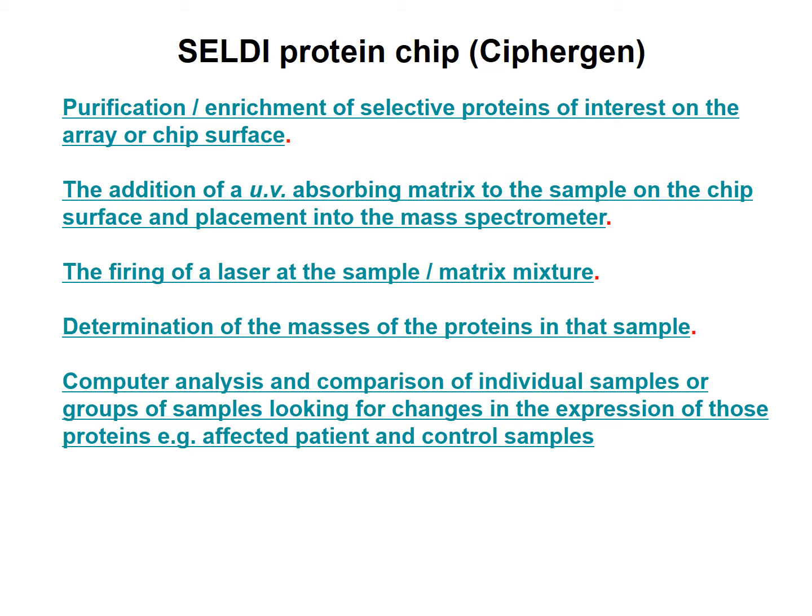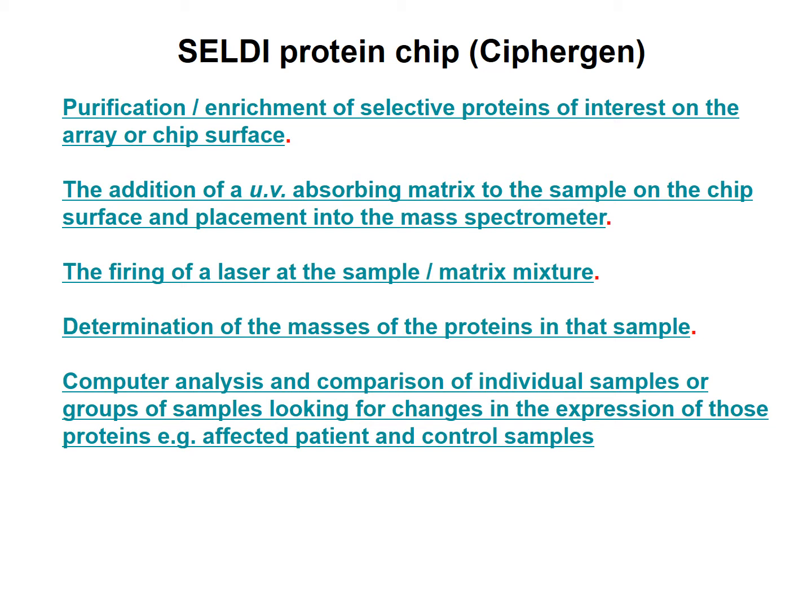And so what they've added to the chip was a UV absorbing matrix, and then it's placed into a mass spec. So they're grabbing the proteins, having a matrix, exciting it, and then sending it to the mass spec through the laser.